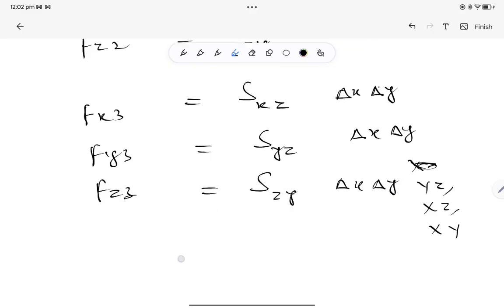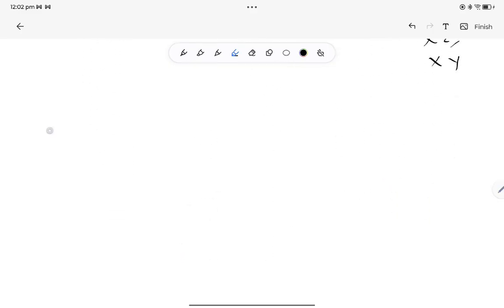Now, first let us do one thing. Suppose I add up all the x components, the x forces.